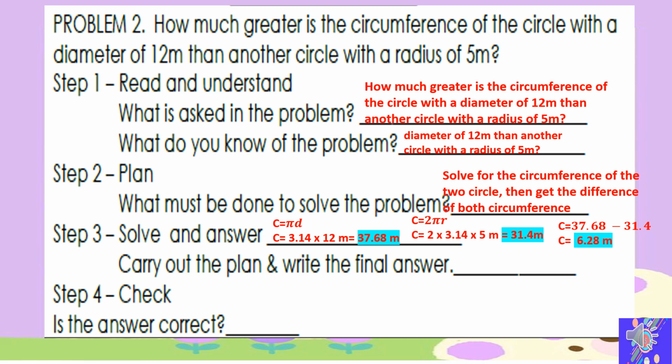So if you subtract this, you will get 6.28 meters. Okay. And the circle with a diameter of 12 meters is 6.28 meters greater than a circle with a radius of 5 meters.